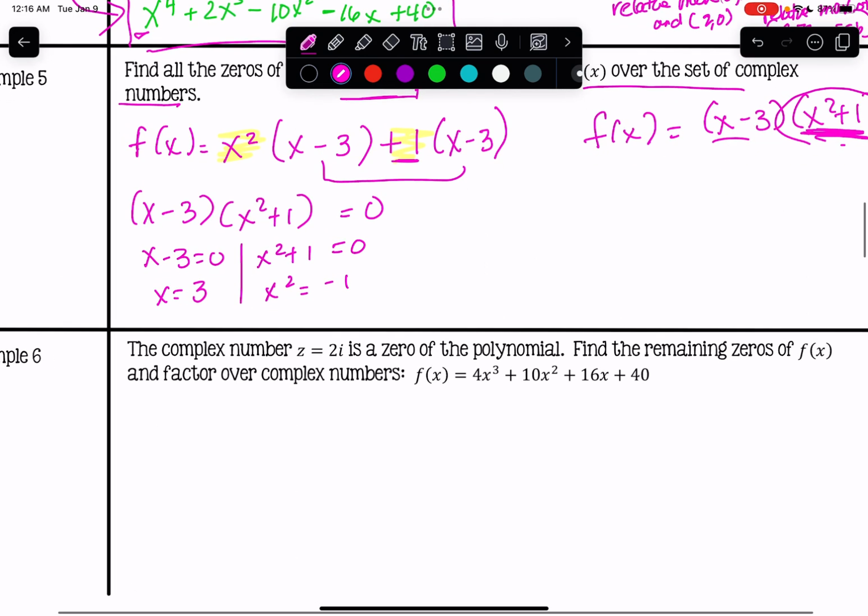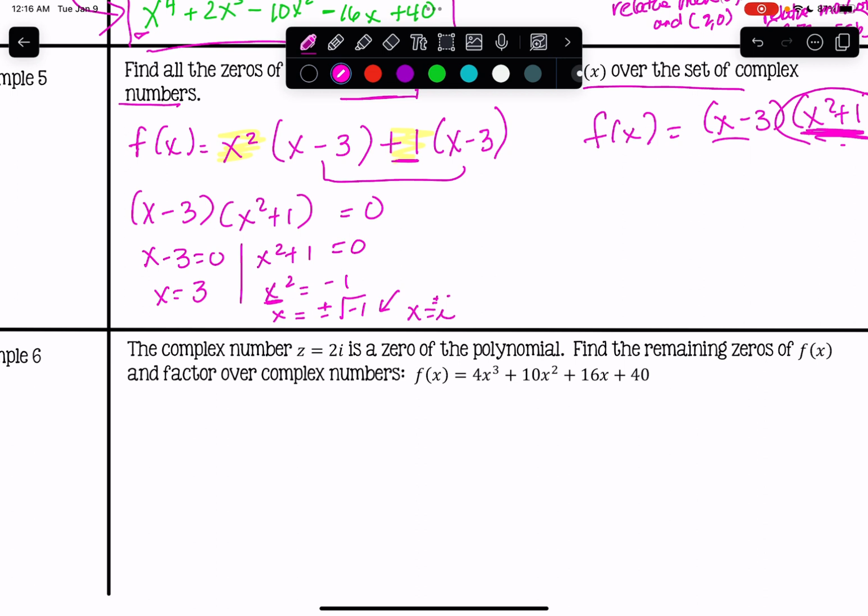And so then that would be x equals plus or minus the square root of negative 1. Now, remember, whenever you take the square root of both sides, you get a plus or minus. So I have a complex number here because the square root of negative 1 is i. So that becomes x equals i, and don't forget, it's plus or minus i.